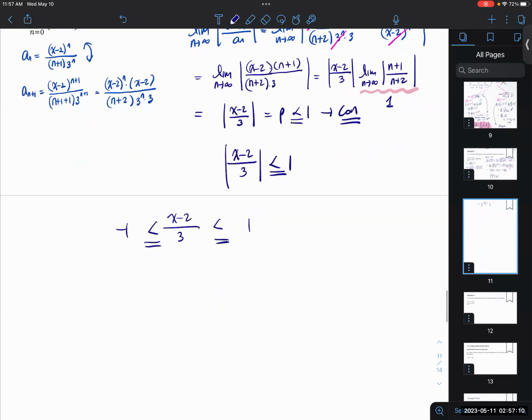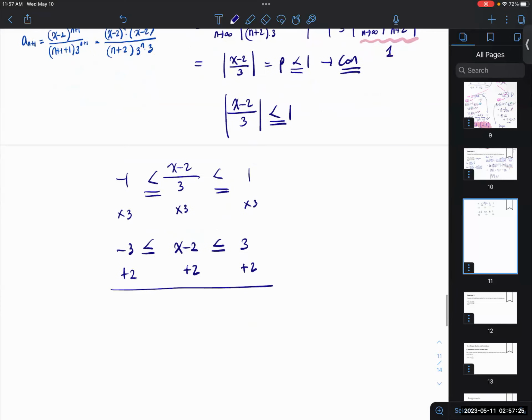So we multiply by 3 to get rid of the fraction. So -3 less than x minus 2 less than 3, adding 2 to each part. So we do have -1 less than x less than 5.